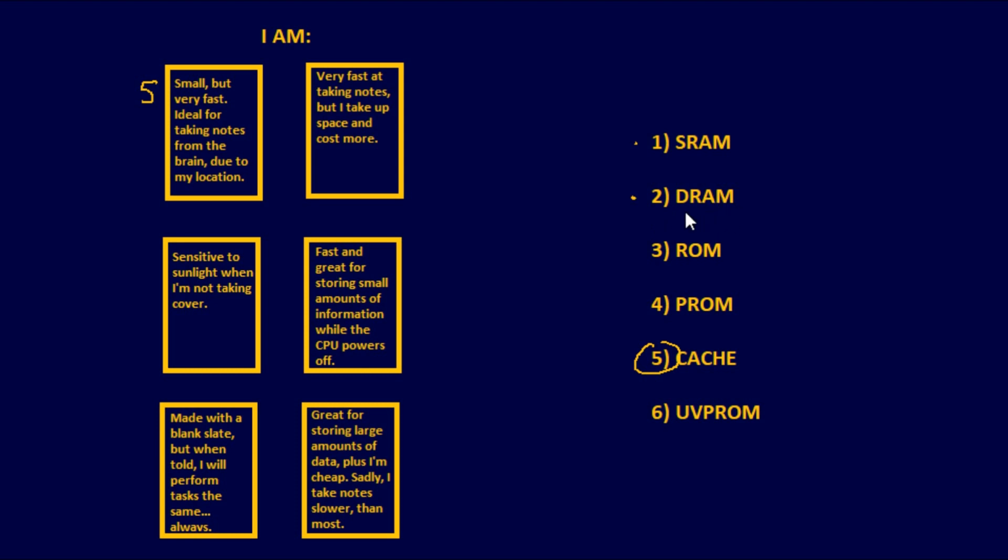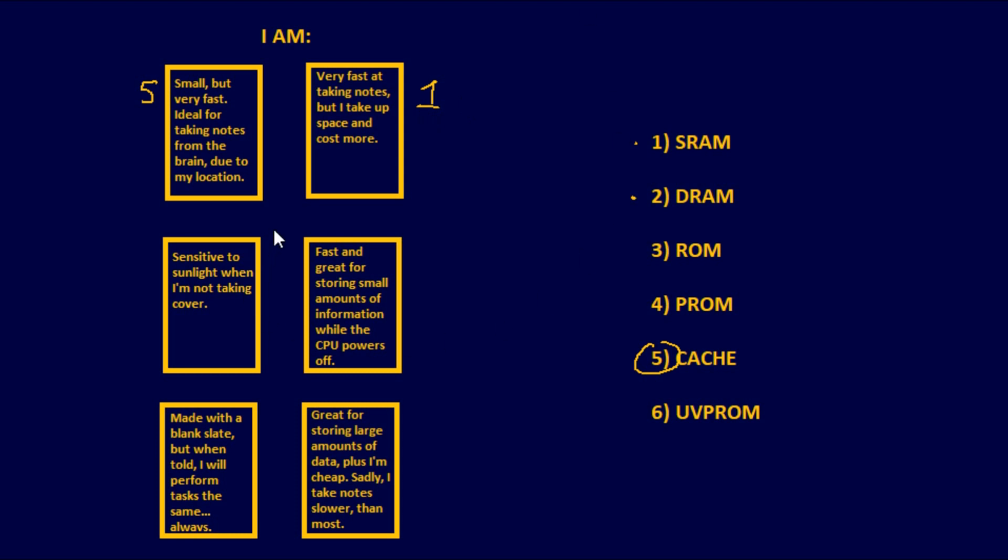So it takes up less physical space, which means it costs less, and gives you more data space. Whereas static RAM is very fast. However, it takes up more physical space because it has more components, which means it also costs more. So I would say this guy is static RAM.